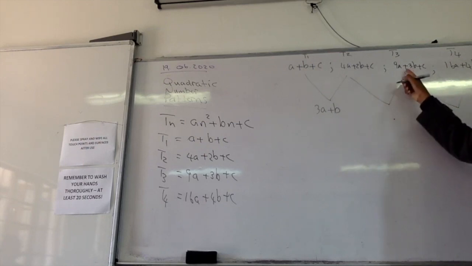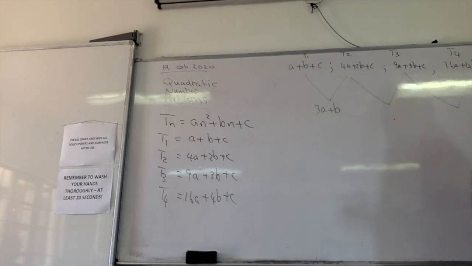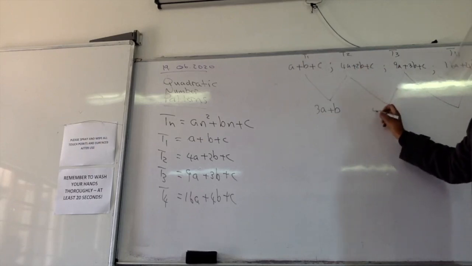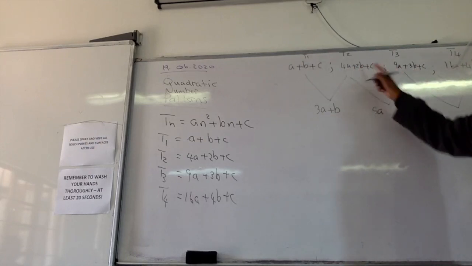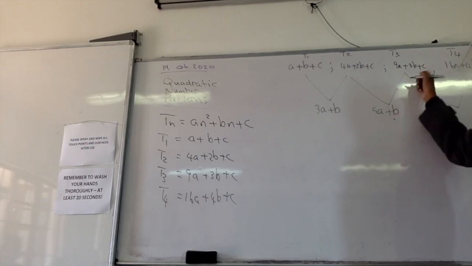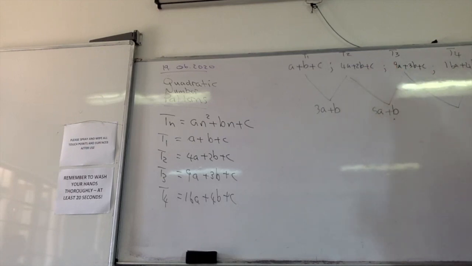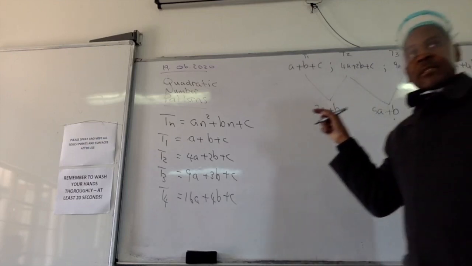And then what is T3 minus T2? So it's this minus that, which is 5a. 3b subtract 2b will give us b. The c's will disappear. And then what is T4 minus T3? 7a plus b. All right, so these are called the first differences.